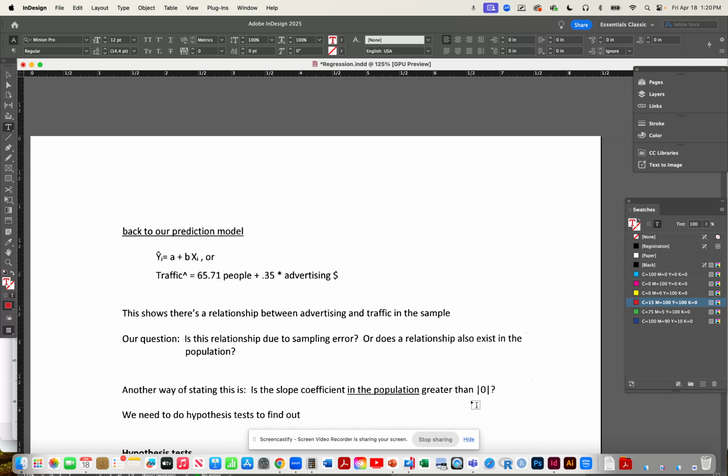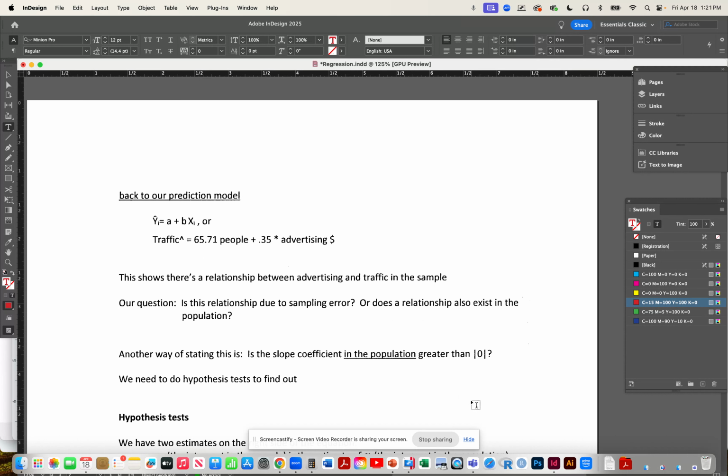Now, as mentioned already, that's a sample, but we're interested in knowing whether this holds true also for the population. Because is it error, or maybe it really is what's going on, right? So we need to do hypothesis tests to find out.